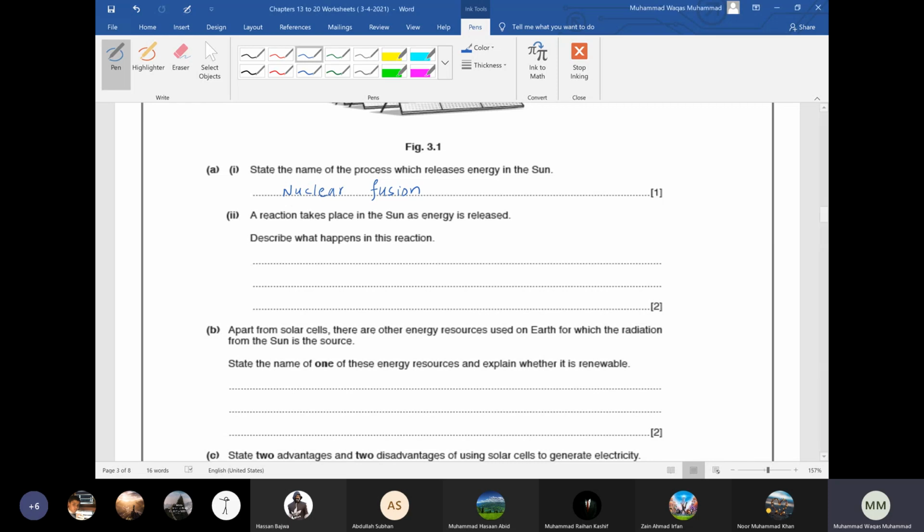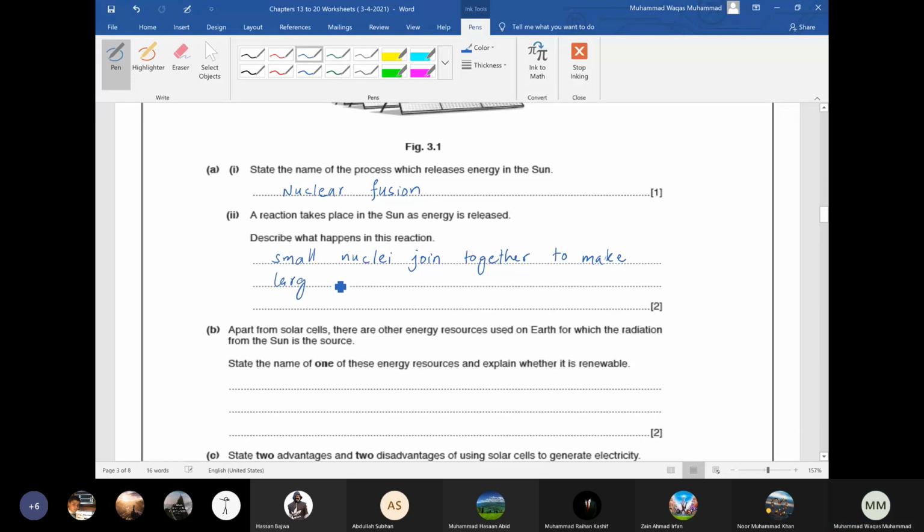Understand, beta? So, beta, what happens in fusion? Small nuclei join together to make a large nucleus.